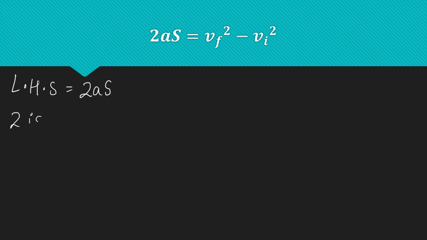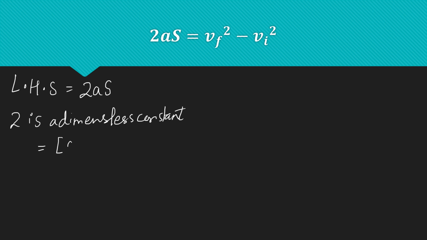Okay, so students, next equation is the third equation of motion, which is 2as equals vf square minus vi square. Again we will take the left hand side, it's 2as, and 2 is a dimensionless constant, so we will omit it because it has no dimension.